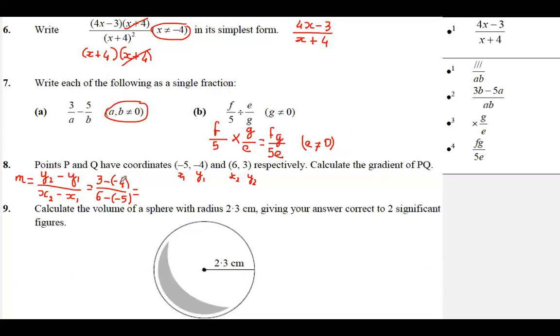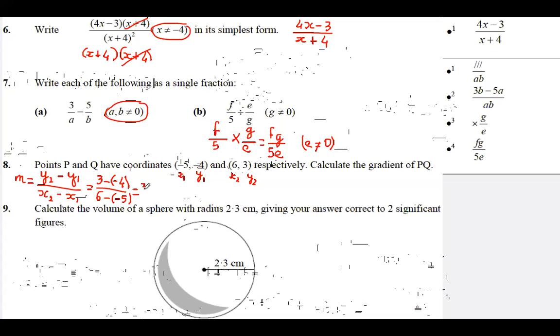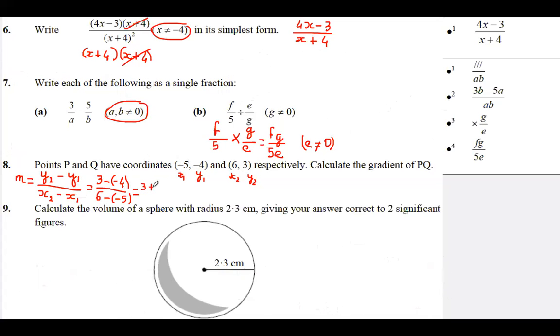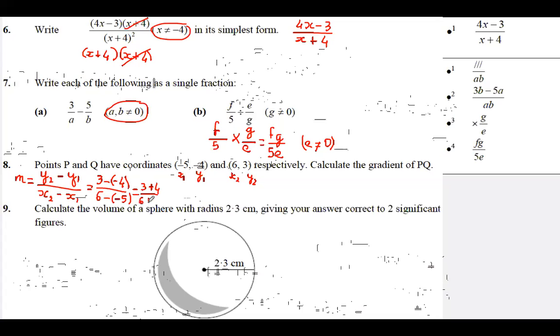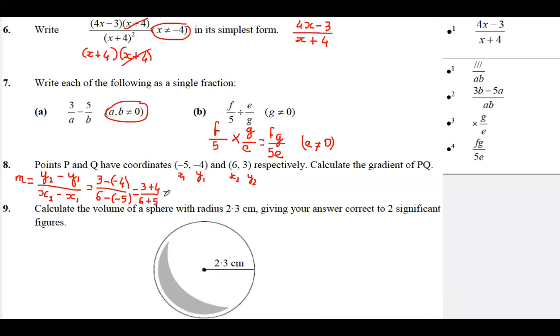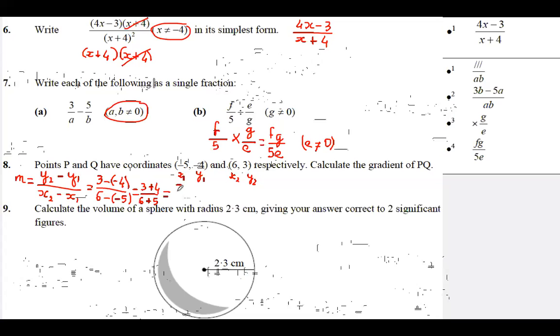Because technically minus 4 is minus 1 times minus 4. When you times 2 negatives, it gets positive. So 3 plus 4, that would be 7. And at the bottom, 6 plus 5, 11. The good thing is both are prime numbers. I just leave them as 7 over 11.